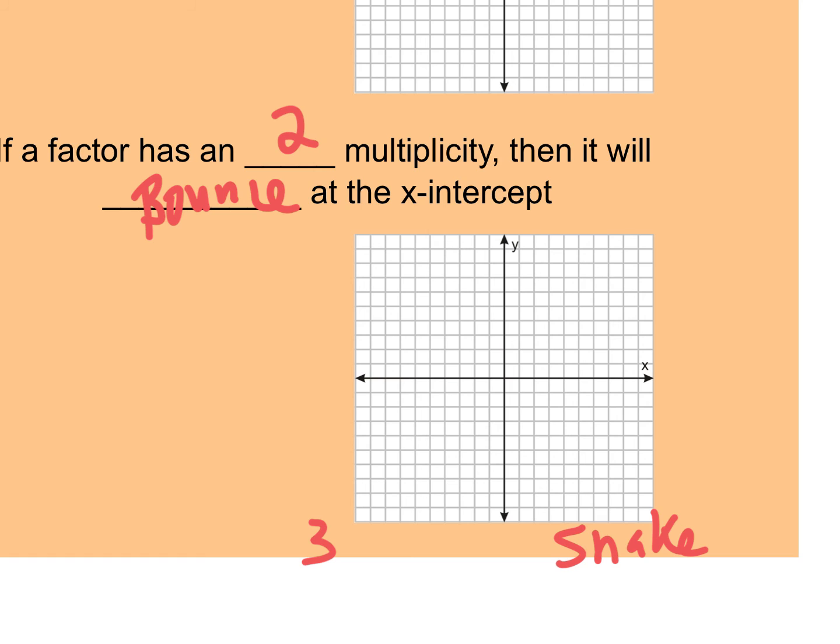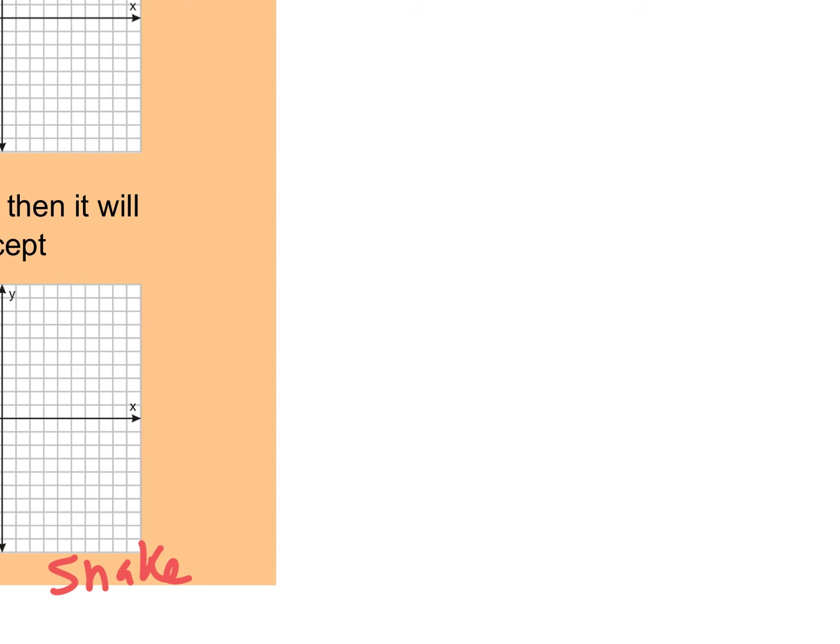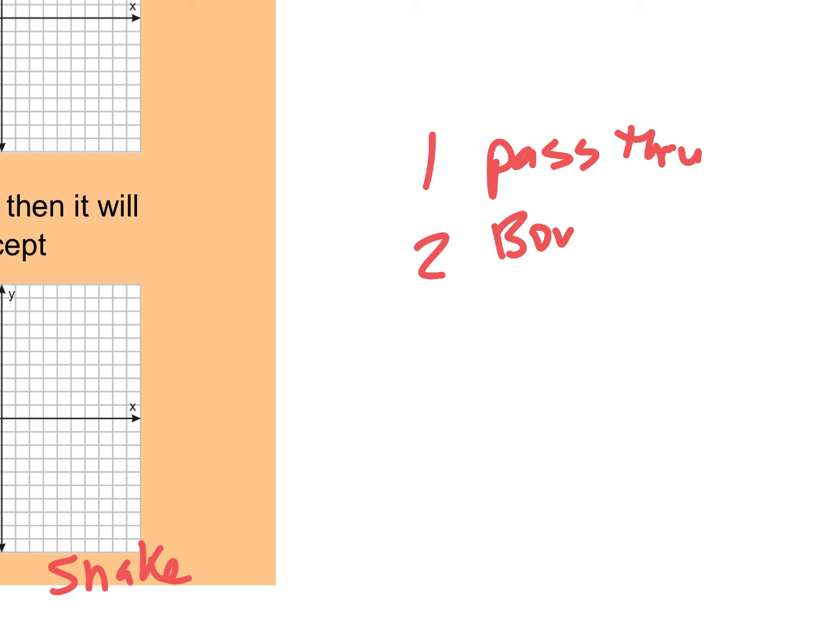You guys better write these down because not many people are answering, which makes me think maybe a few of you know it and you're just being coy, but I think a lot of people don't know. 1 is pass through. 2 is bounce. 3 is snake.